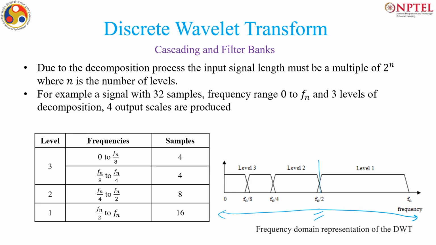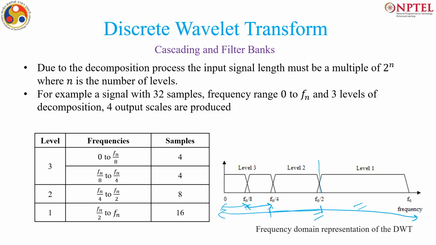In the second level, this Fn by 2 is again reduced, because this high frequency I am saving as my detailed coefficients. Only the low frequency part I am again sending to another pair of filters, which will again divide it into 2 bands, Fn by 4 to Fn by 2 and 0 to Fn by 4. Again in level 3 we split it into 2 halves, 0 to Fn by 8 and Fn by 8 to Fn by 4.